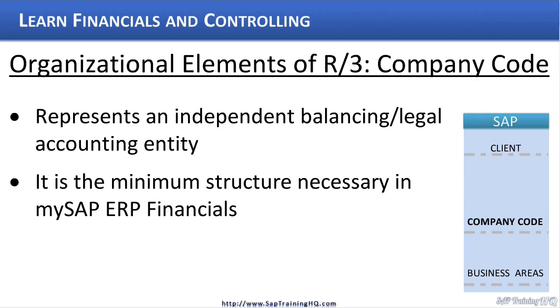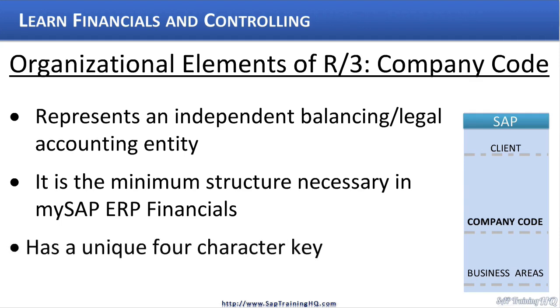These include accounts payable, accounts receivable, accounting, and financial reporting. For international businesses where operations are scattered across countries, a separate company code is created per country, and a company code has a unique 4-character key. Now let's move on and have a look at the business areas element.